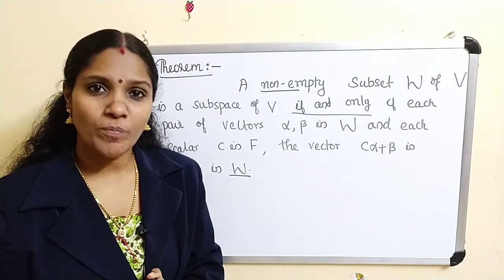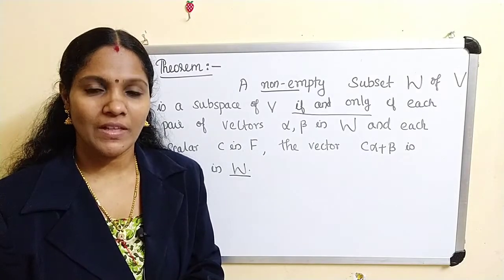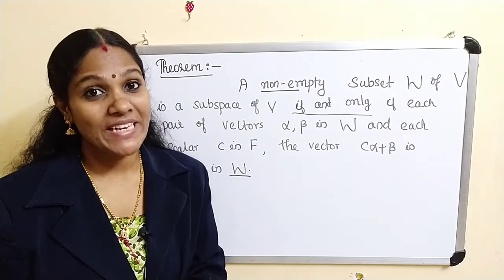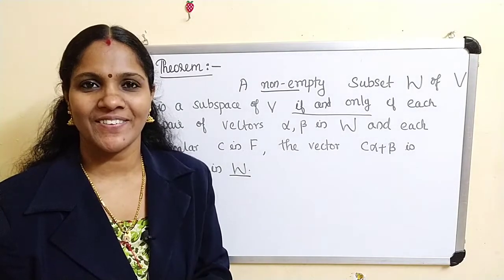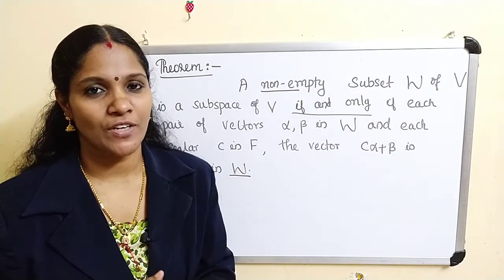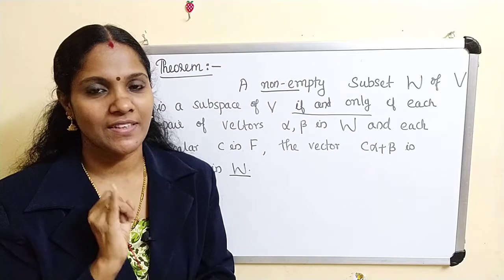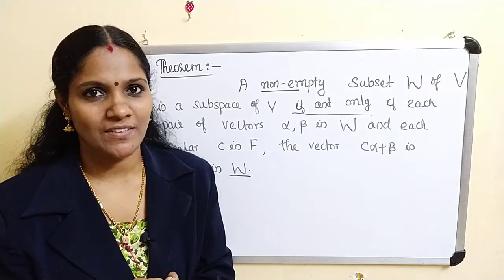Now to prove W is a subspace, what we have to prove? We have to prove W itself is a vector space over F. So we have to first check whether addition is closed. Similarly, scalar multiplication is closed.